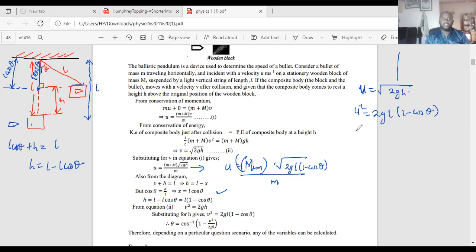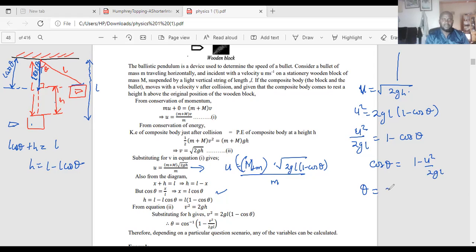Then you realize that U squared over 2gl is equal to 1 minus cosine of theta, and you can make cosine of theta the subject, which is going to be 1 minus U squared over 2gl.